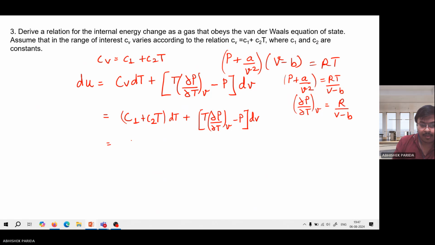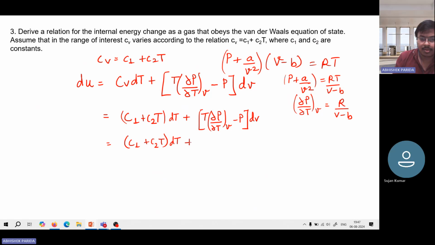So C1 plus C2T dT plus, so D, this one is R by V minus B. So it is RT by V minus B minus P. Now what is RT by V minus B minus P?